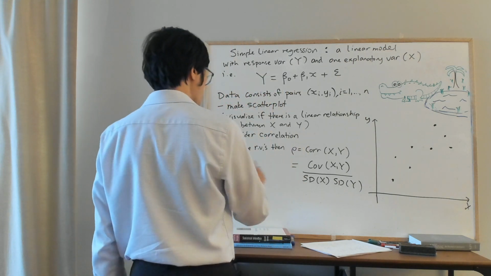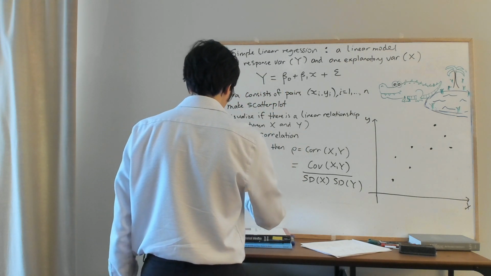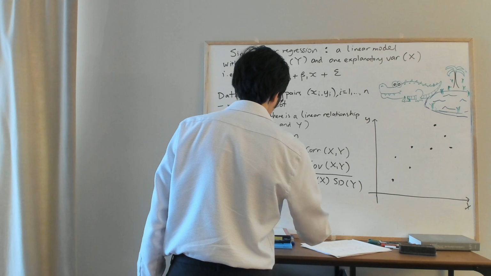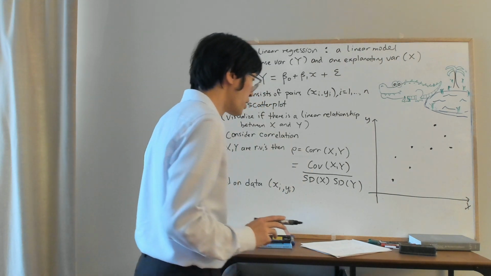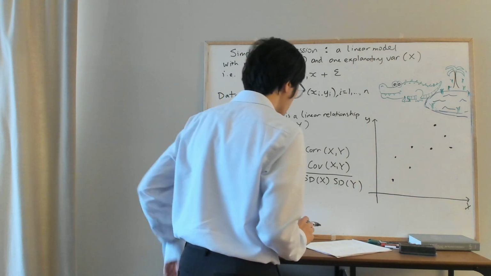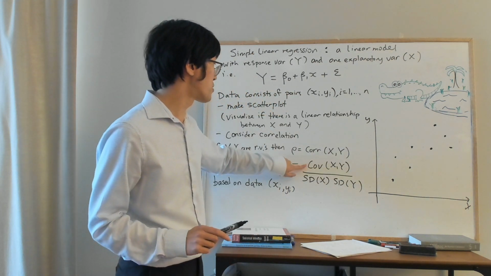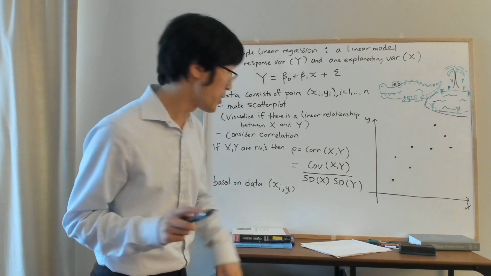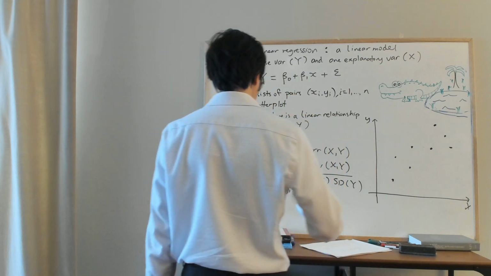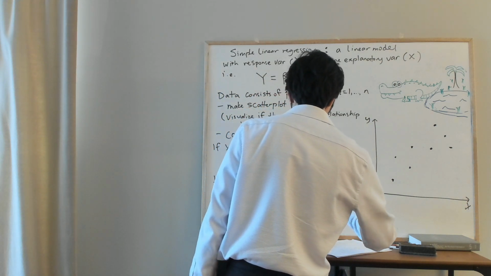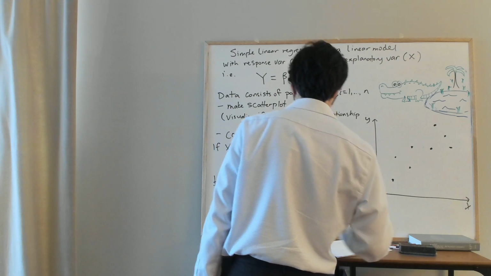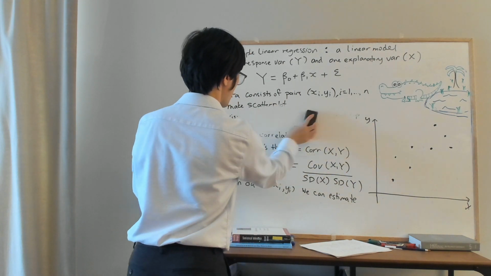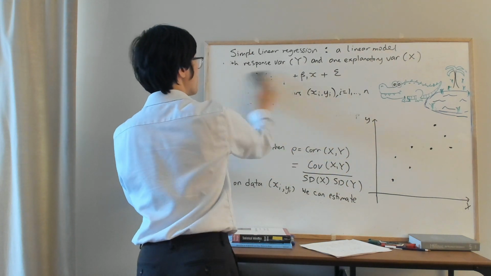Based on the data, the xi, yi's, we can compute the sample correlation, and how to do that is simply to replace these covariances and standard deviations by the corresponding sample estimates. So we can estimate, okay, I'll go up here.